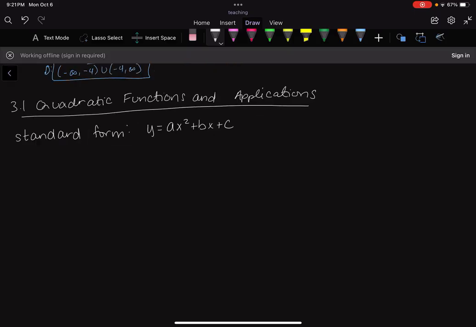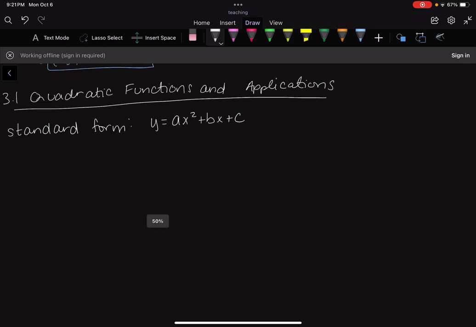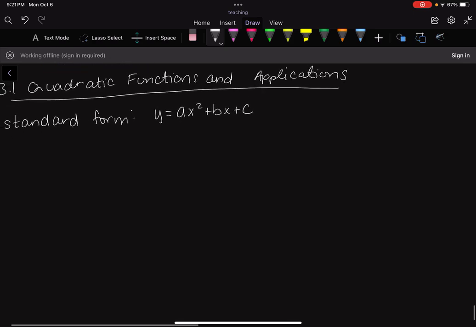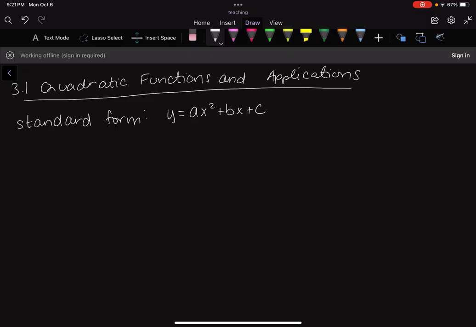Let me go ahead and make my screen big. There we go. Our other form that we'll see is vertex form. Vertex form looks like this.